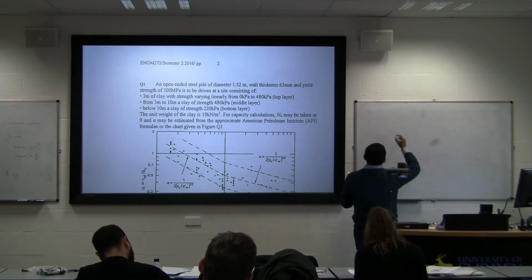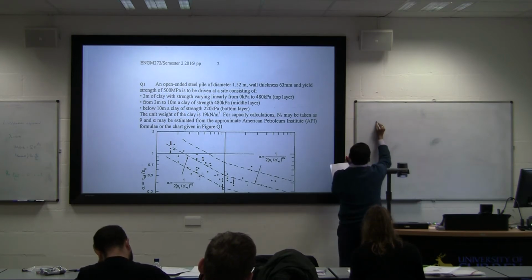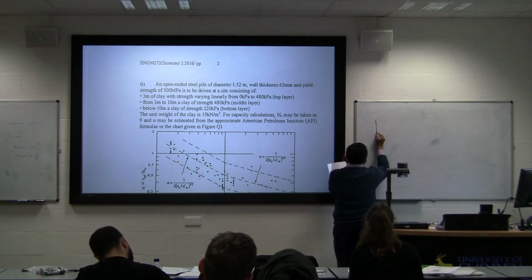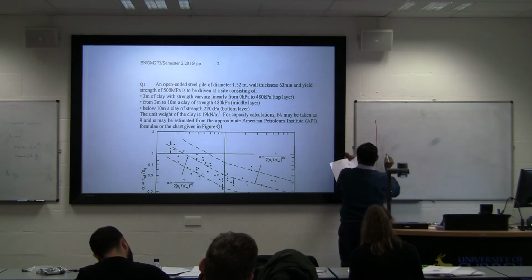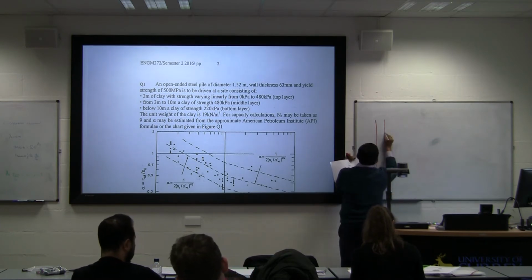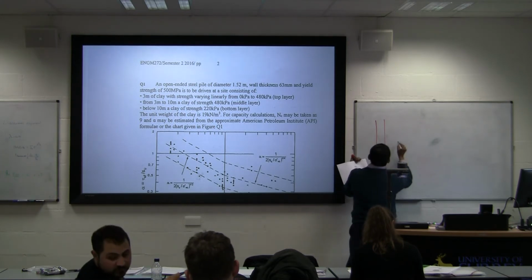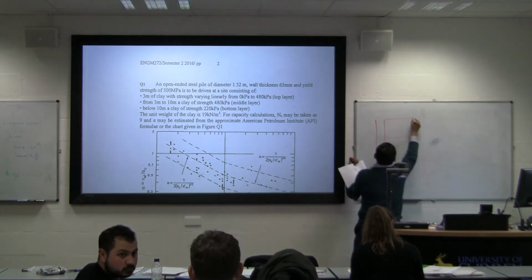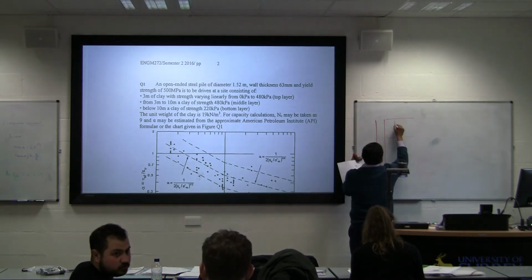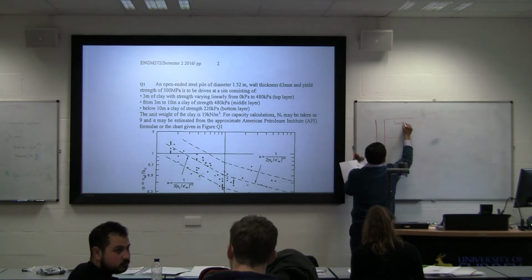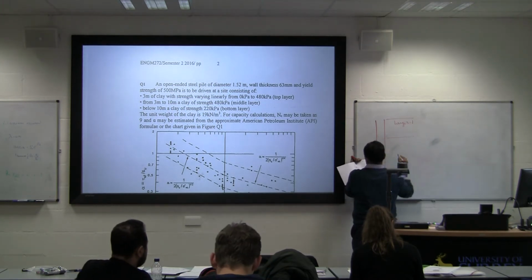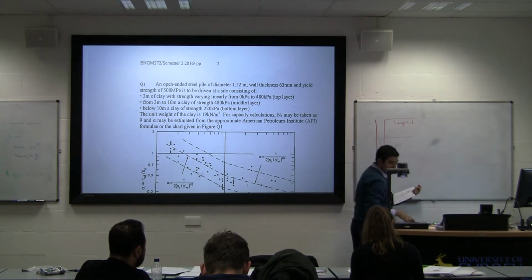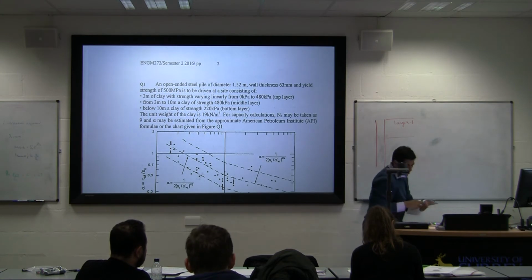So how I would do it? I would do a simple sketch of the whole problem first. So I would do the pile length. So this is layer 1. Layer 1 is 3 meters, right?